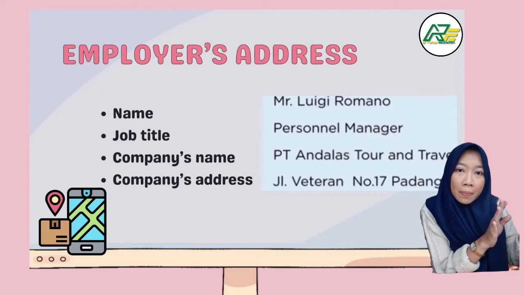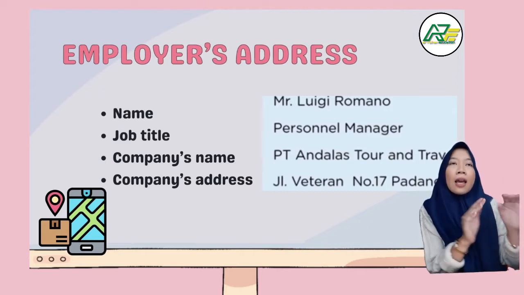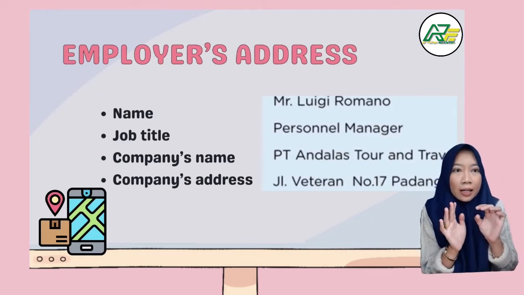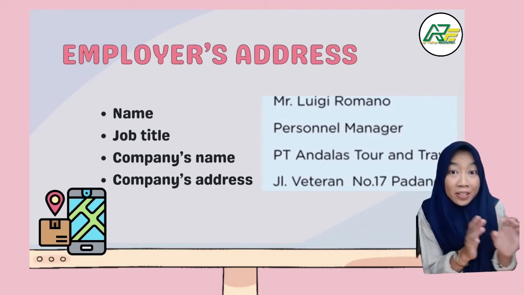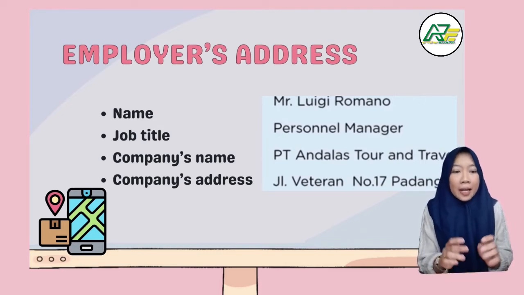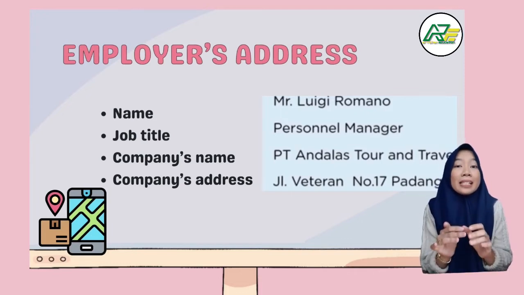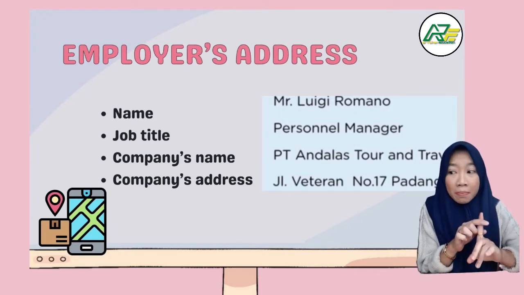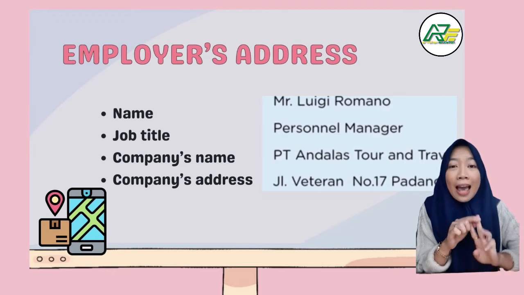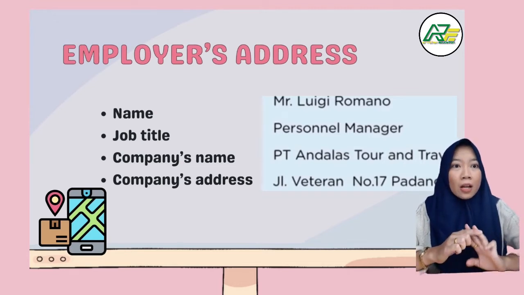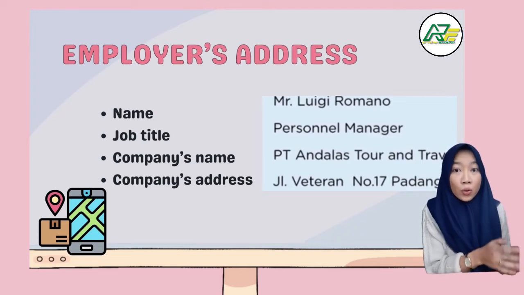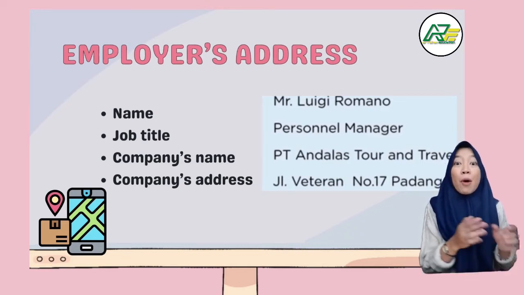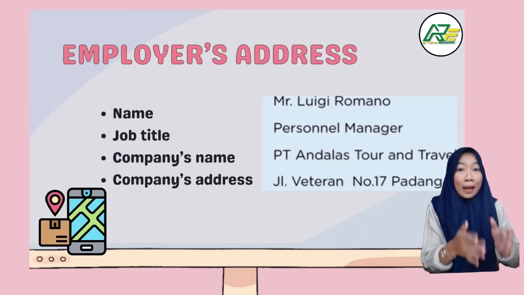So the name, Abi Zayat Namiri, and then followed by his position, for example, headmaster, and then followed by the company's name. So the name, the job title, and then the company's name. The company's name is Araihan Islamic Scientific School. Okay, the name of the company that you want to apply to.